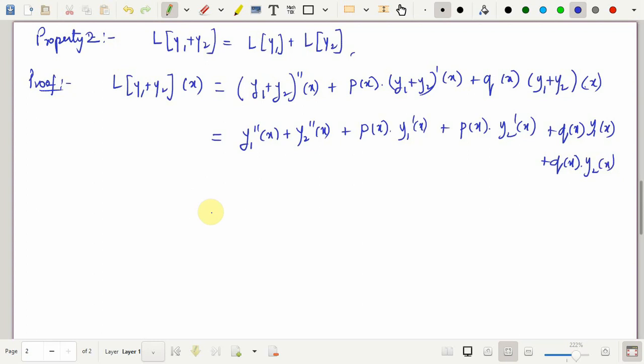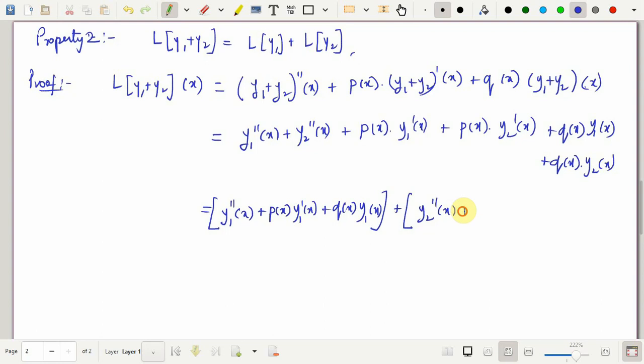Now, you rearrange these terms so that you get L of y1 plus L of y2, and that is very simple. You put whatever is associated with y1 in one bracket: y1 double prime of x plus p of x into y1 prime of x plus q of x into y1 of x, and then the remaining terms, y2 double prime of x plus p of x into y2 prime of x plus q of x into y2 of x.